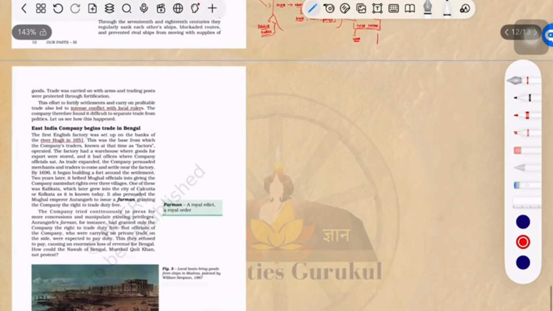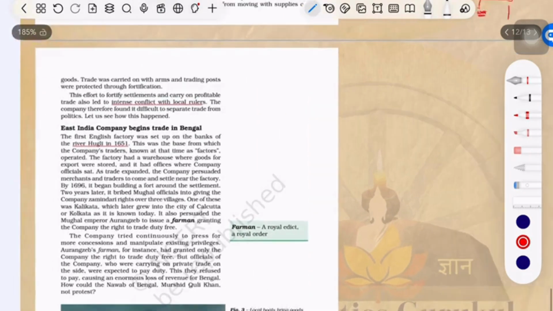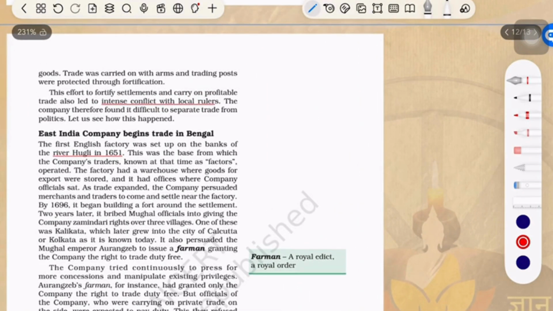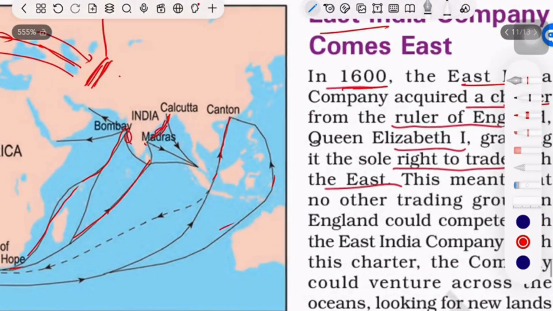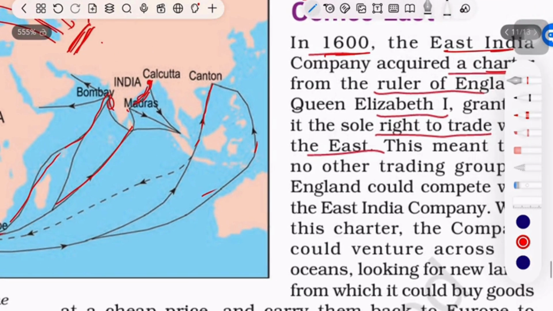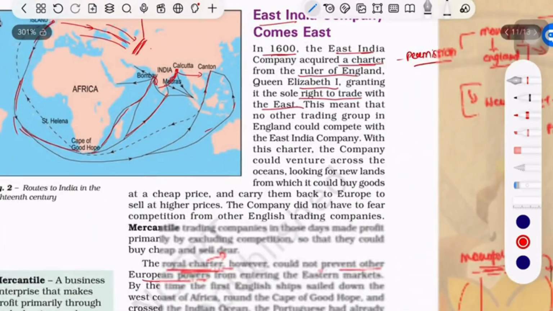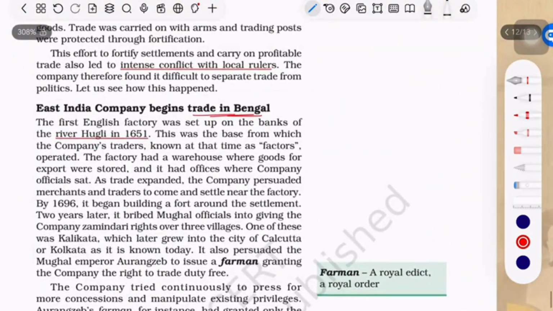Now, if we move further, once they are settled, Bengal is considered to be an important part. As you can notice, it is located in the coastal area and somewhat linked with the western part properly. So their main center was Bengal, Kolkata. They first set up their factory on the bank of river Hooghly.